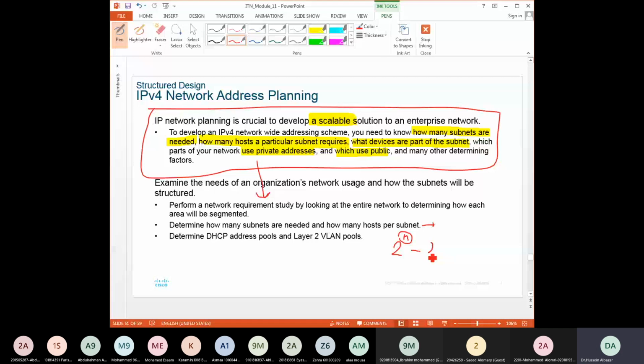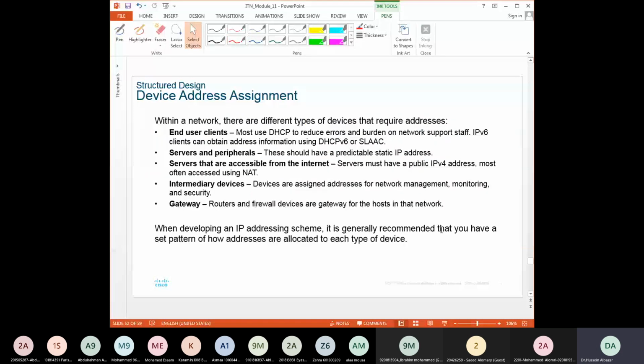Within any network, we have different types of devices that require addresses. So what we have here is the type of the devices and the address type for each of these devices. For example, for sure we will have end user clients.